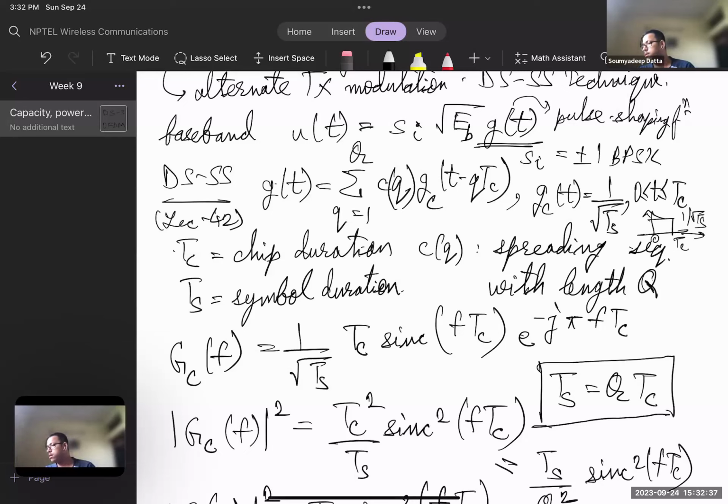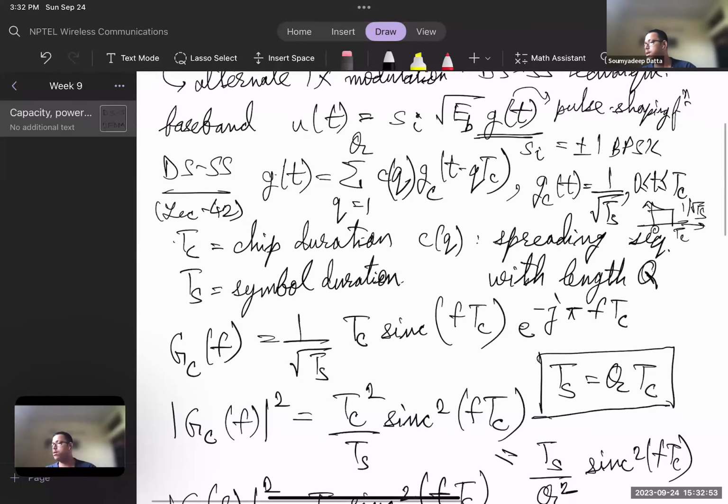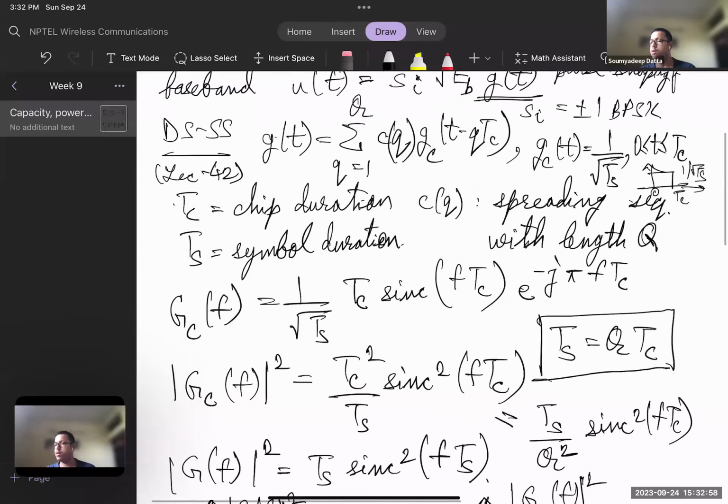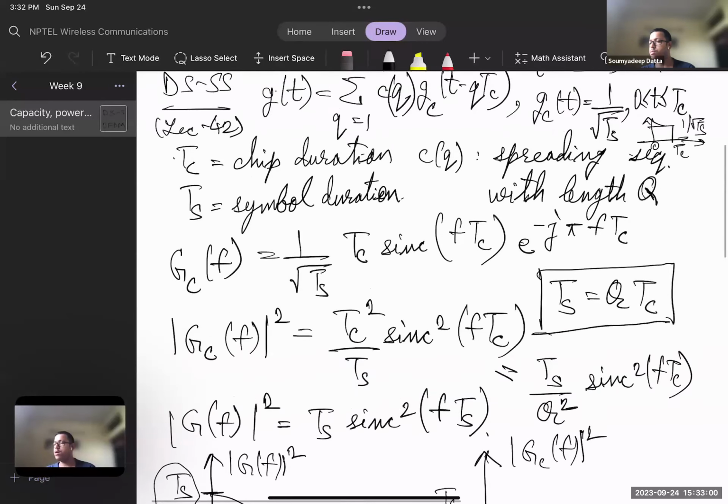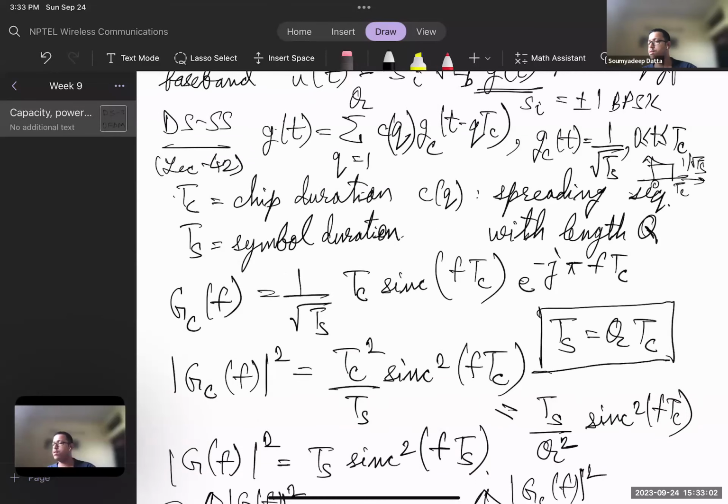You can see that this is a bunch of signals, one after the other in time domain, shifted by values qTc. And we are multiplying this chip function with a spreading sequence of length capital Q, and all of these spreading sequence values are plus or minus 1.